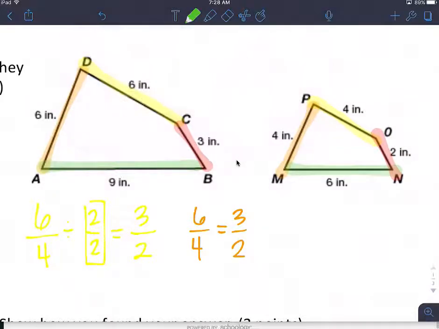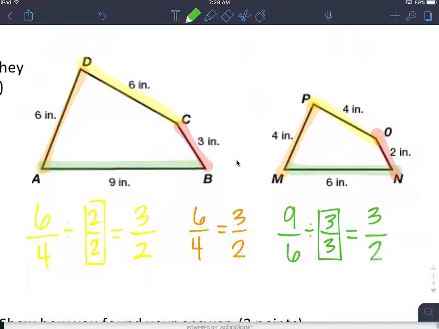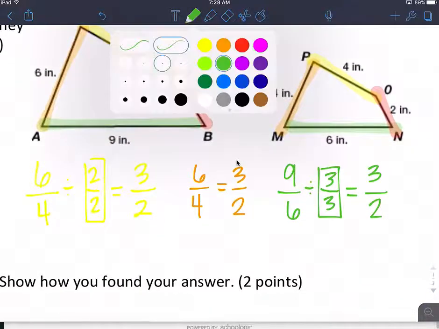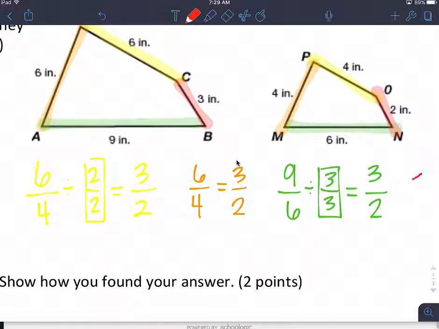Our green sides are 9 to 6, which I can simplify each side by dividing by 3. And 9 divided by 3 is 3, 6 divided by 3 is 2, so we also have 3 over 2. And then the last side, the red side, is actually 3 over 2.